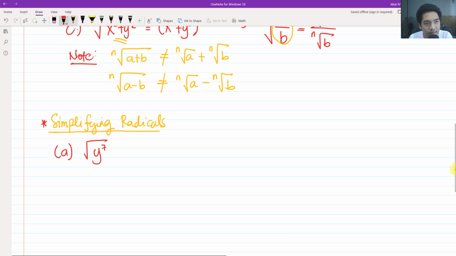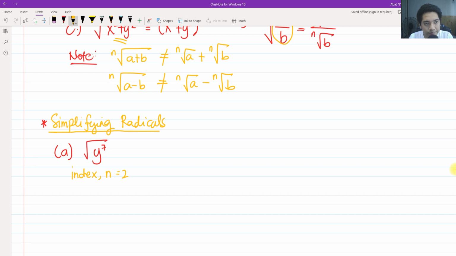Now, if you identify the index here, n equals 2, even if we don't write 2 there, there is still a square root there. So this is the square root of y raised to 7.